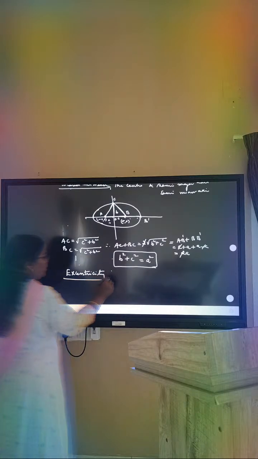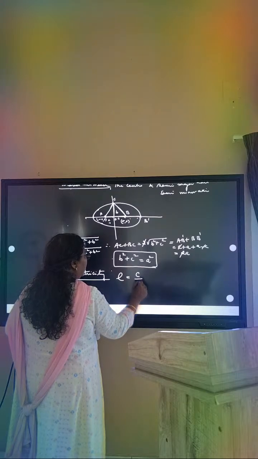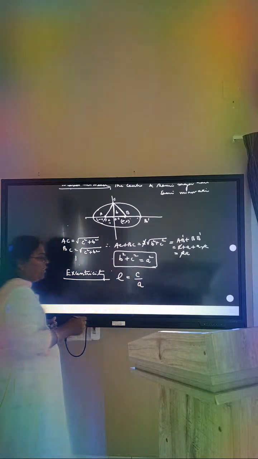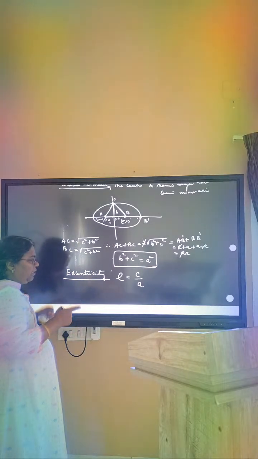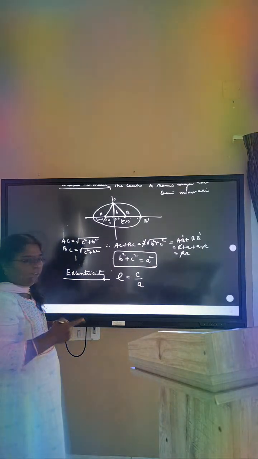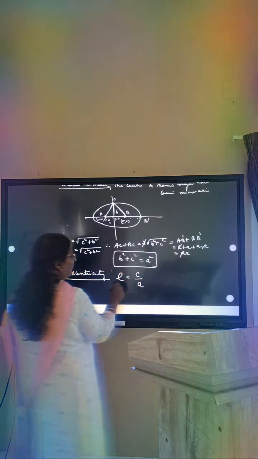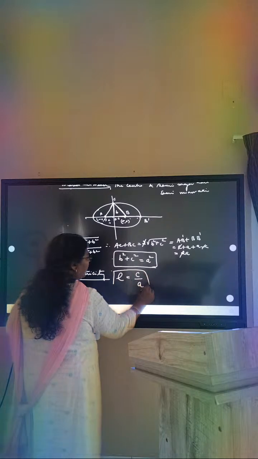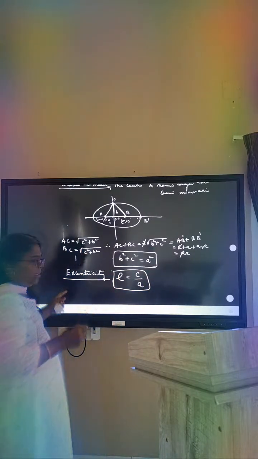We call this E, and E is equal to the ratio between the center and the semi-major axis. This is called eccentricity. E is equal to C by A. We call this the eccentricity.